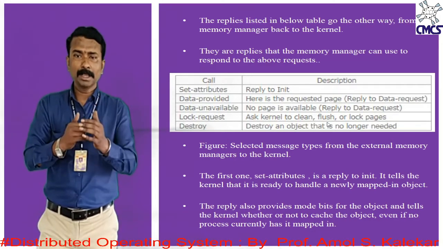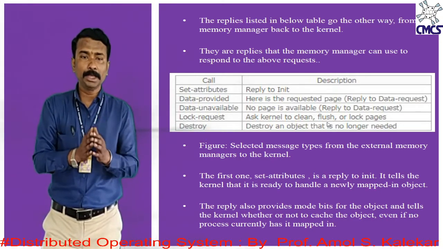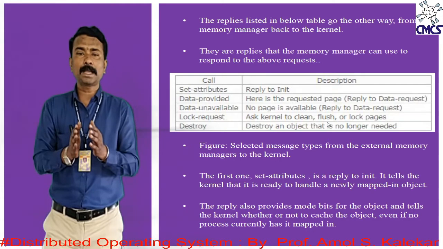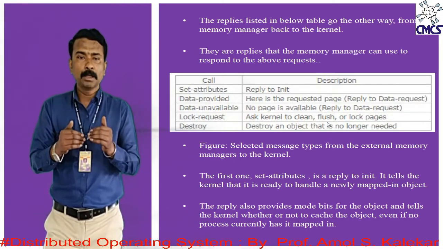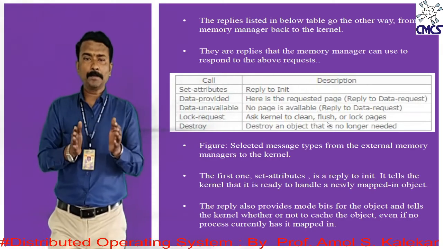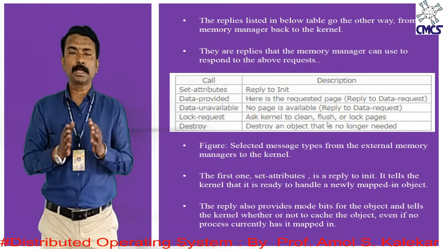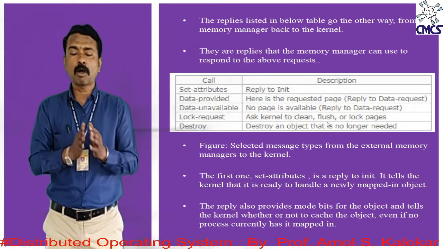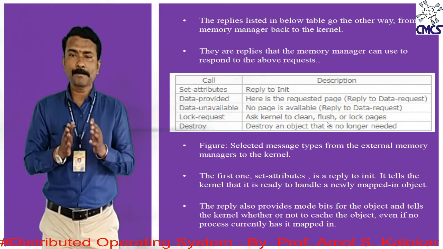So again, the first one, set attributes, is a reply to init. It tells the kernel that it is ready to handle a newly mapped in object. The reply also provides mode bits for the object and tells the kernel whether or not to cache the object even if no process currently has it mapped in.